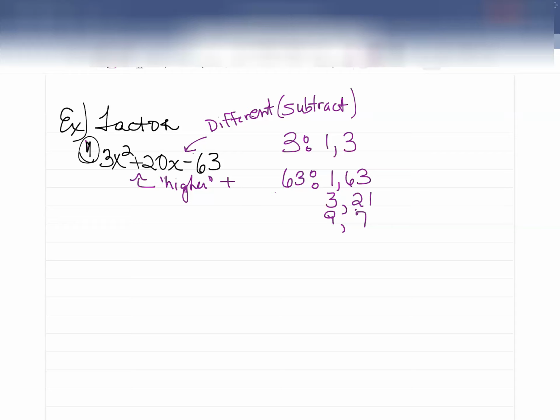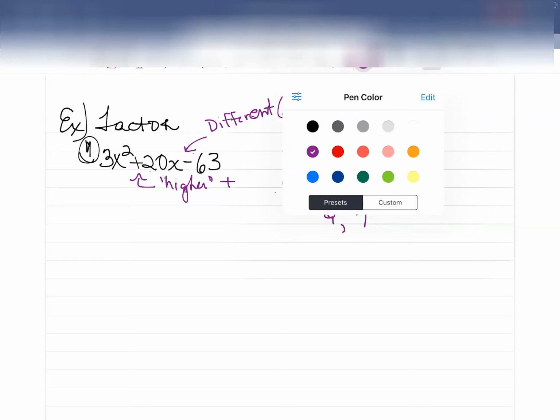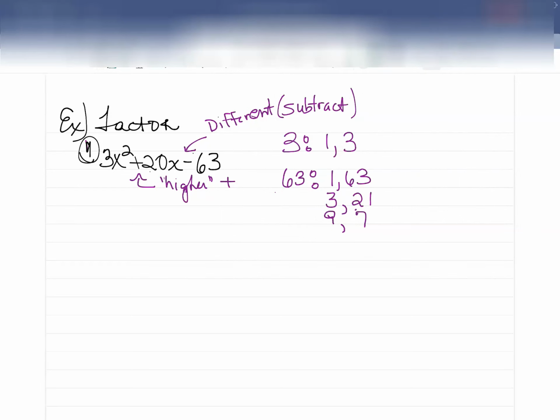So since I have more to figure out, I'm not going to just come on the side where I have my factors and do my subtraction to see which one's going to give me a positive 20. What I'm going to do is set up my parentheses and keep testing things out until I get a match. So I'm going to put my factors of the 3 up front along with my x. So 1x means I'm just going to write an x.